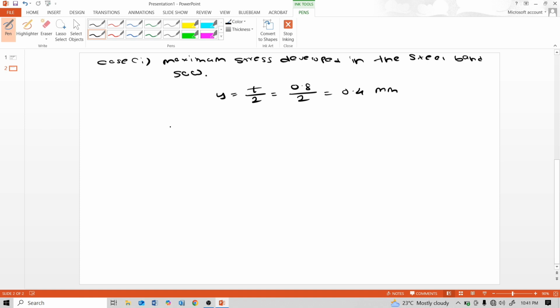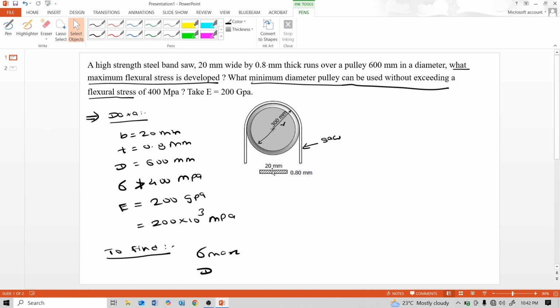Now next calculate the moment of inertia. Moment of inertia, denoted as capital I, for this steel band saw about the x-axis is 20 into 0.8 cube by 12.